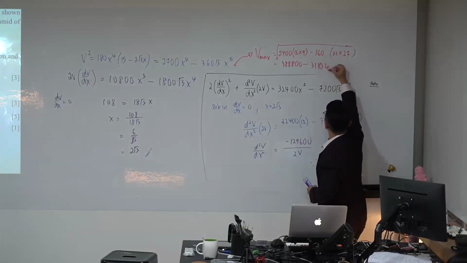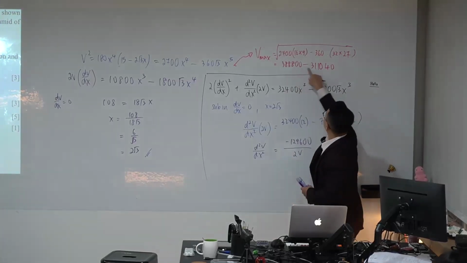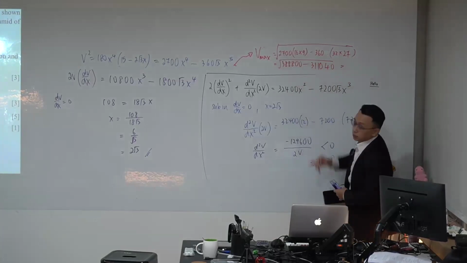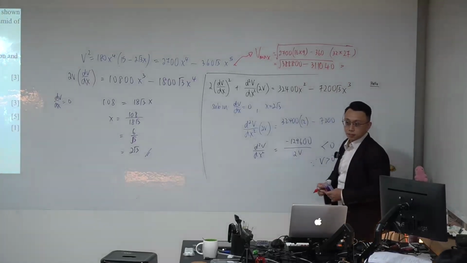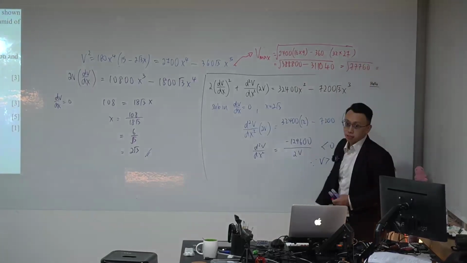So this minus this is how much? 77760 square root. Okay, let's assume you square root this number, right?